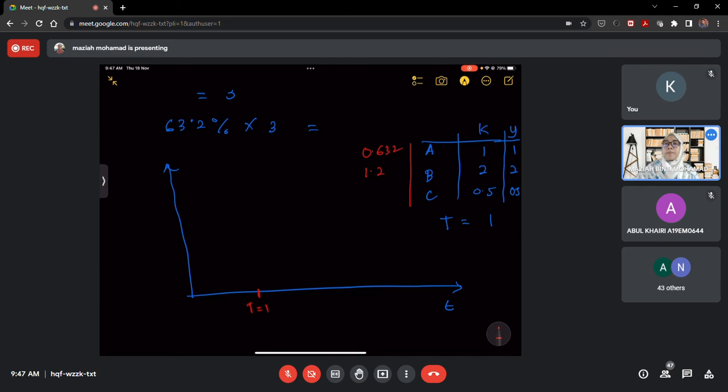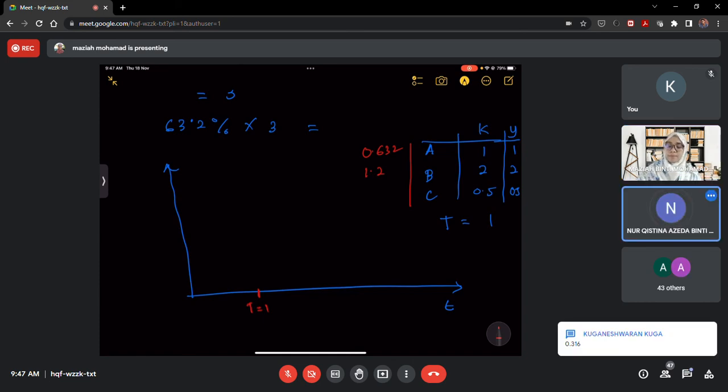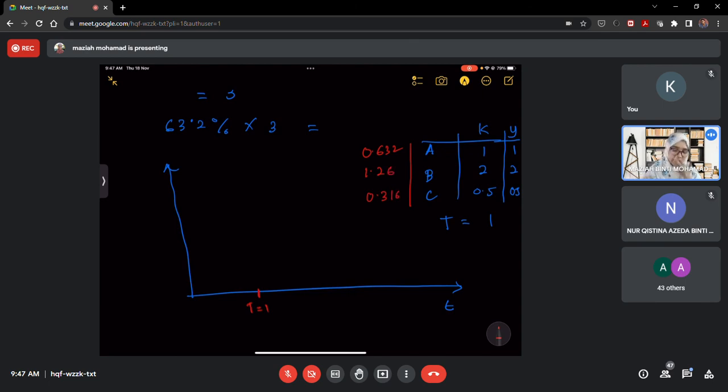Anyone? 0.316. So we can expect the first one is, let's say this is 1, this is 2, 1, 2. So 0, this is 0.5. Let's consider here 0.3. Then the second one is 0.6 around here, and the other one is this one here.